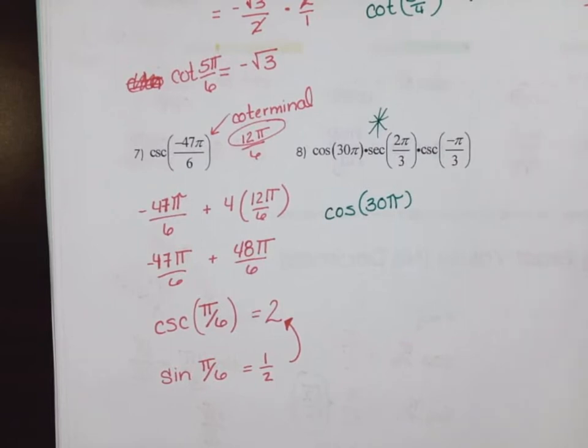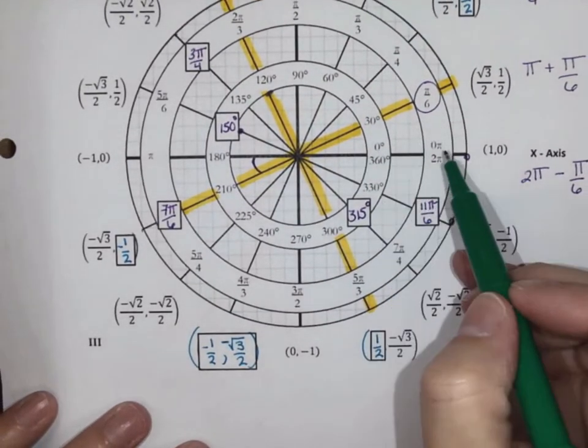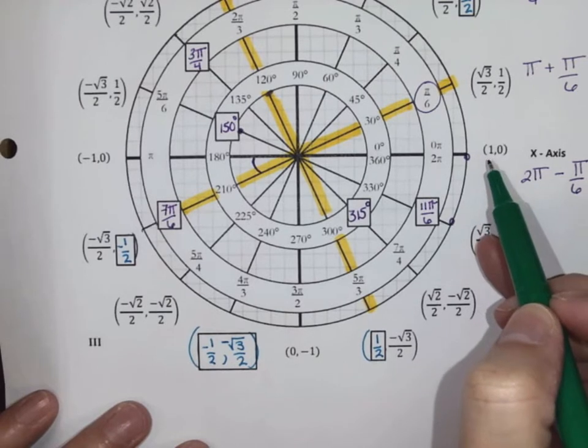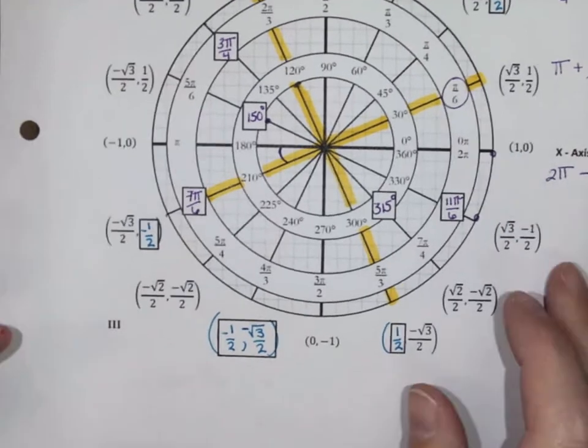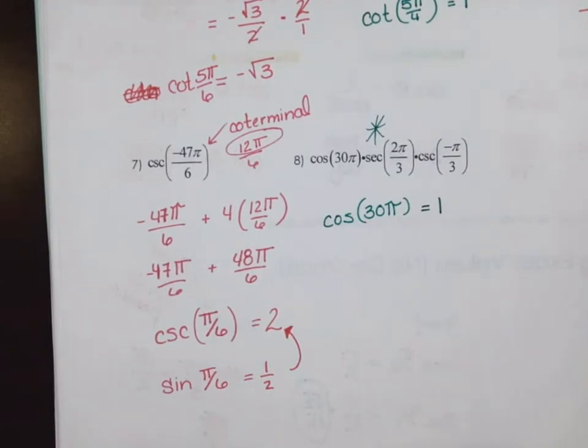So how many full rotations can I pull out? 15 of them. And where am I? I'm at 0, or at 2 pi, right on that line, so on the x-axis. We never talk about this one, but we're on the x-axis. So what's cosine here? It's 1.